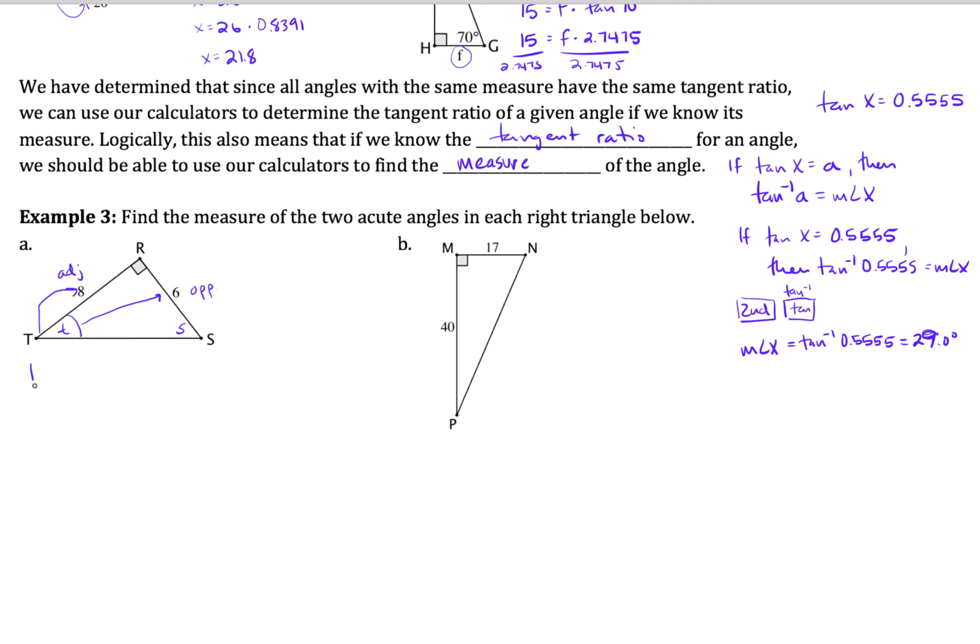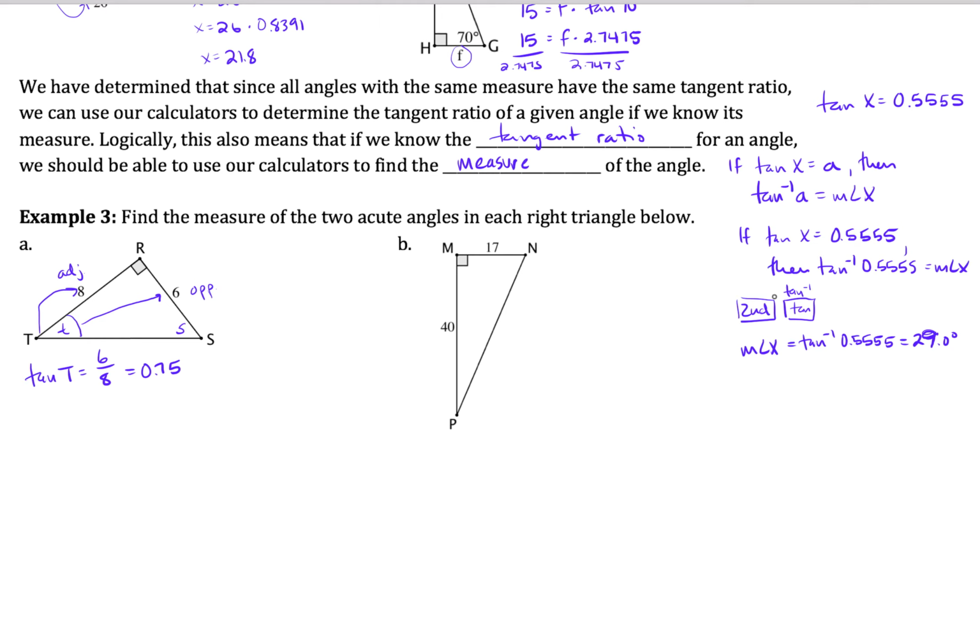So that means that the tangent of angle T is 6/8, which you might be able to recognize. It reduces down to 3/4, so it's 0.75, right? So the tangent of angle T is 0.75.